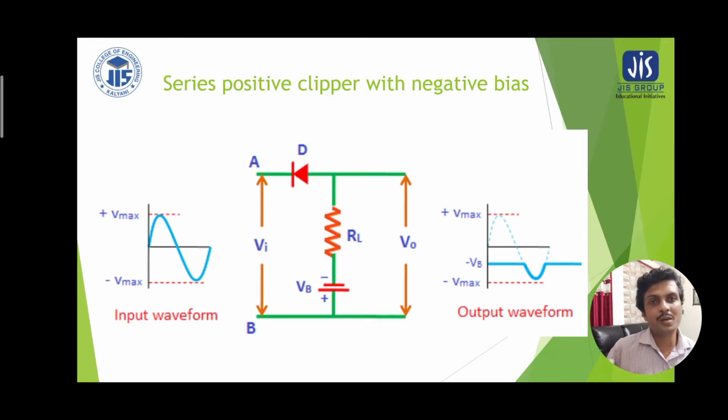What we should observe is that from the positive side it is clipping off and reaching the negative voltage minus VB. Up to the negative voltage minus VB from the positive side, all the voltage values are clipped off. That is why it is a positive clipper, because the negative peak is present and clipping off has started from the positive peak.